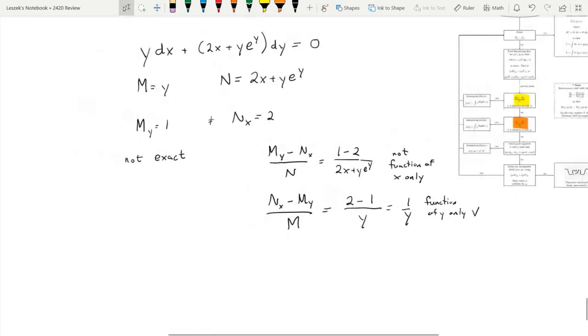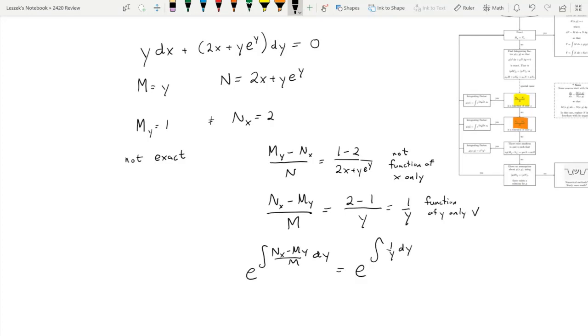Okay, so that satisfies the second special case. So we know our integrating factor is just e to the antiderivative of exactly that expression that we just saw as a function of y only. So that's just y.